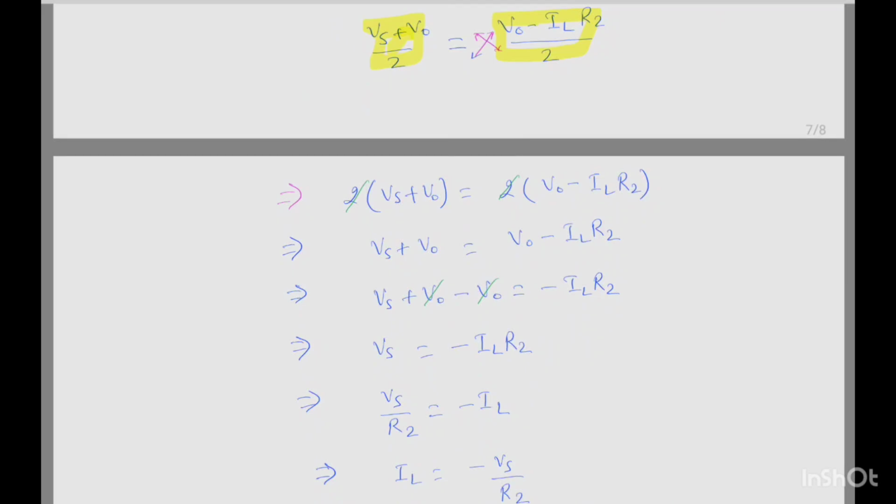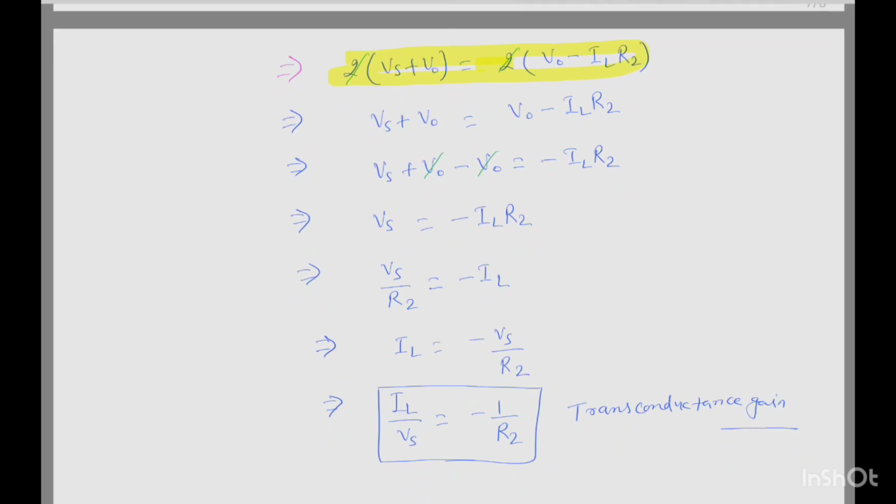After cross multiplication, 2 into Vs plus V0 equal to 2 into V0 minus IL R2. The 2s cancel out, then Vs plus V0 equal to V0 minus IL R2. Taking V0 to the left side, it changes to minus V0. V0 minus V0 cancels out, then Vs equal to minus IL R2.